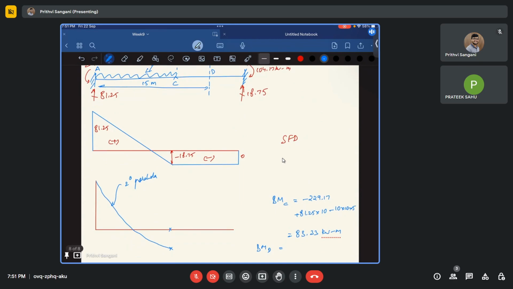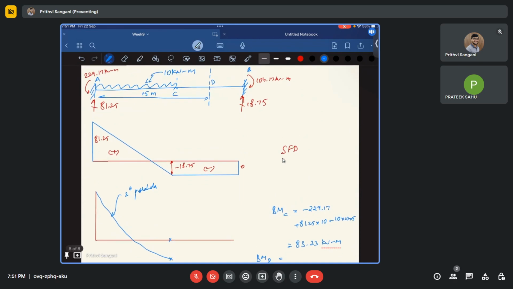So my right side support is trying to bend the beam in minus 104.17, but plus 18.75 times 5. So this is going to be minus 104.17 plus 18.75 times 5, which is minus 10.42. Let us say this is my point.